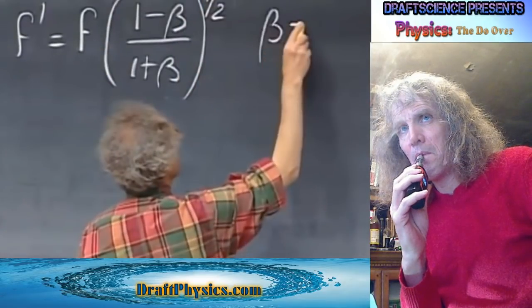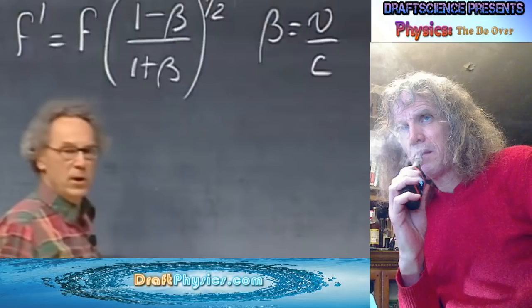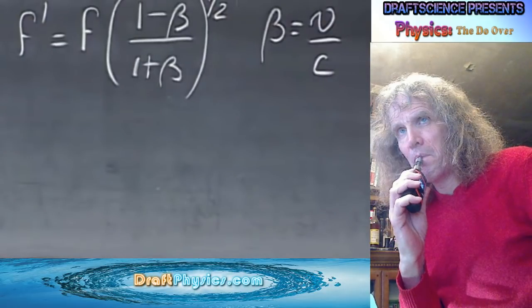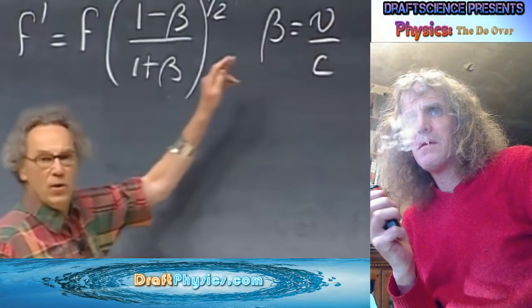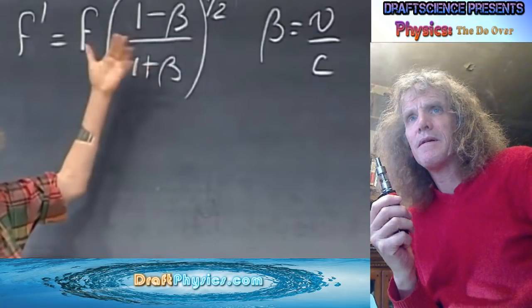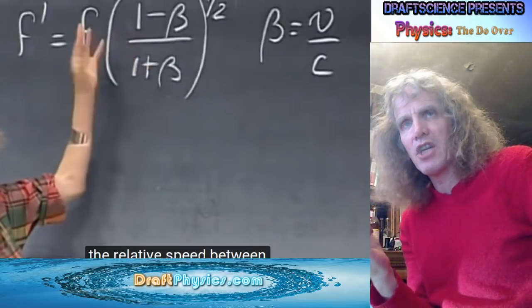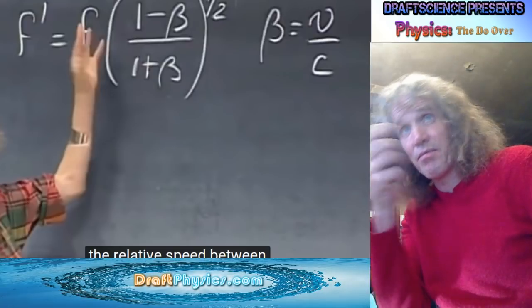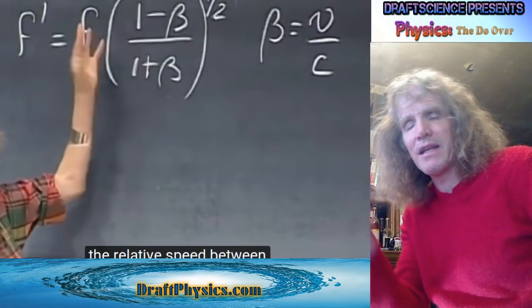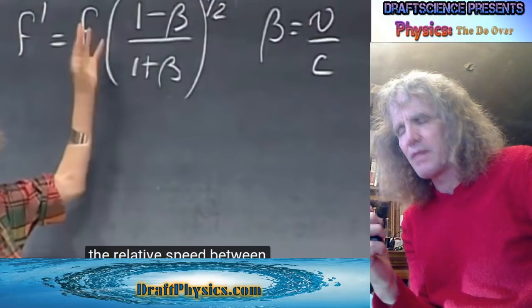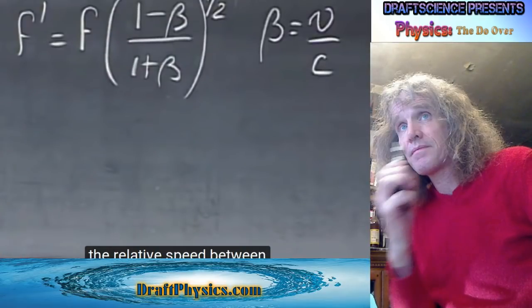Beta is v over c, c being the speed of light, and v being the relative speed between the transmitter and receiver. So they're just doing this plus minus the speed of light mush. That's their Lorentz, don't allow anything to go to the speed of light kind of thing.